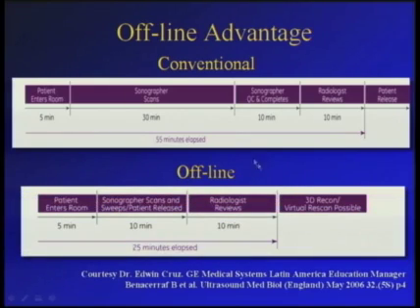Working offline, you can save time for the patient and save time for the lab because it is the same 5 minutes to prepare the patient, but you can obtain all the volumetric data in only 10 minutes or less. And the radiologist can go through the multiplanar image and go through the volumetric images, and you can save up to 20 minutes per patient.